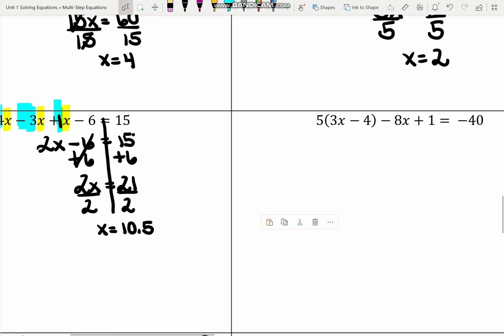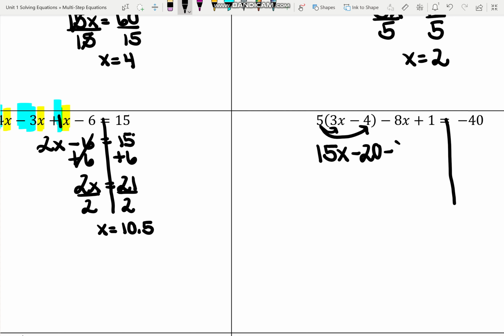And I have a couple of things that I can combine here. So I can combine the coefficients in front of the x's. So that's 15 and negative 8, which is 7x. And then over here I have negative 20 plus 1, which is negative 19.